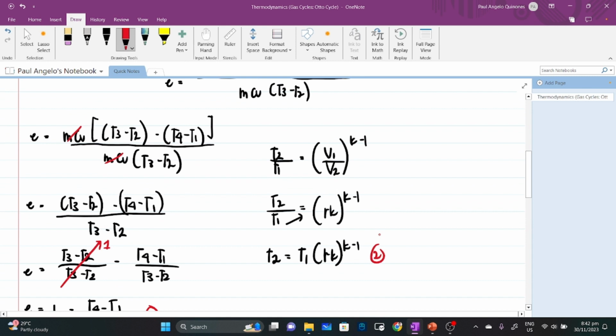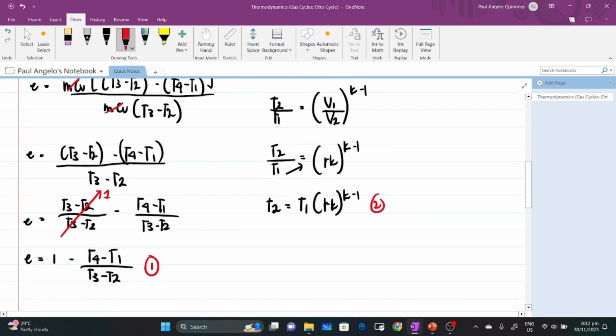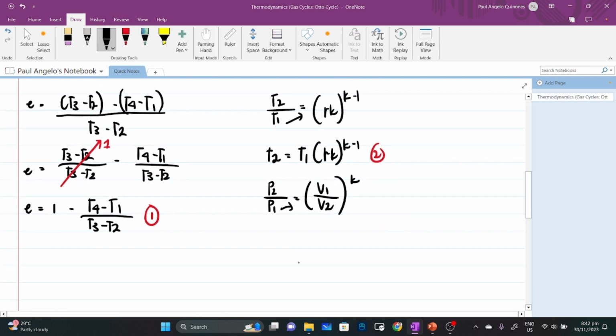What about solving for pressure? Since it is an isentropic relation, we can use the isentropic relation for pressure and volume. Here, I can solve for P2 by cross-multiplying P1. Therefore, I have P2 is equal to P1 times quantity V1 over V2, this is your compression ratio, raised to K. This is equation number 3.